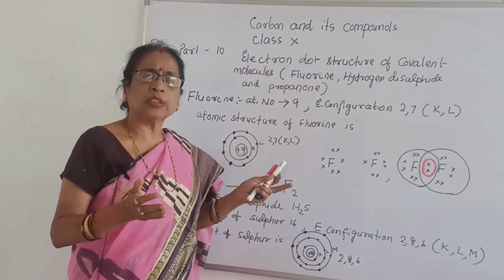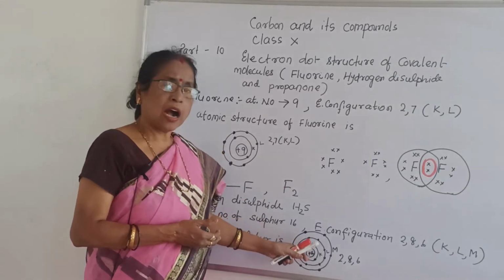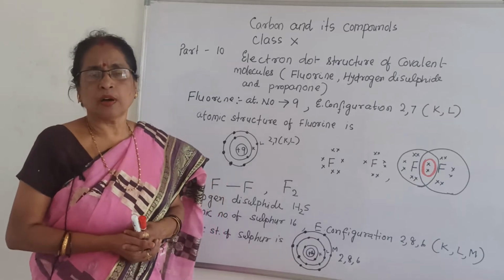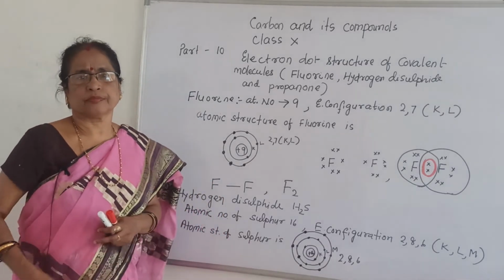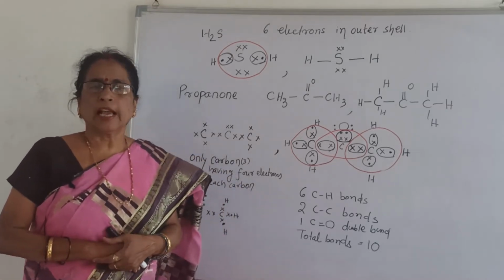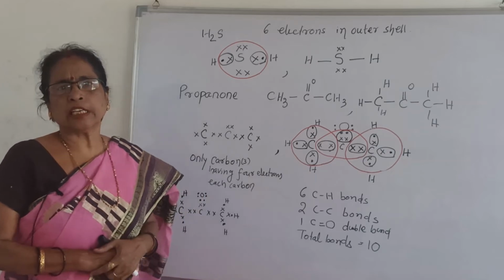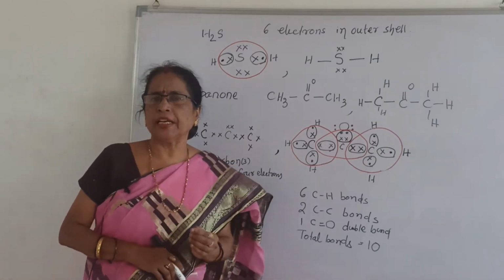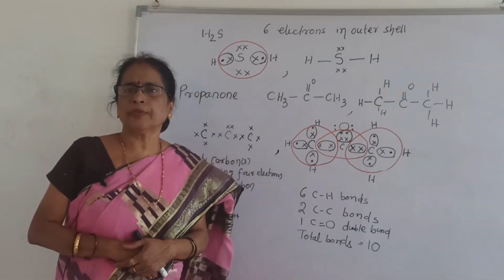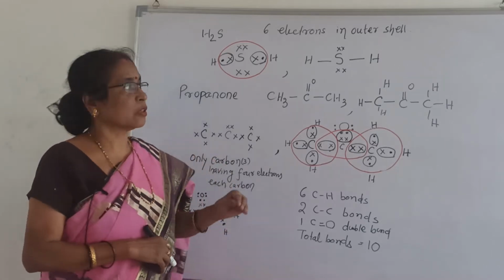And how the sharing of electrons takes place between hydrogen and sulfur we will see now. Hydrogen sulfide, H2S. Sulfur's electronic configuration is 2, 8, 6. Total number of electrons 16, and the nucleus contains 16 protons.